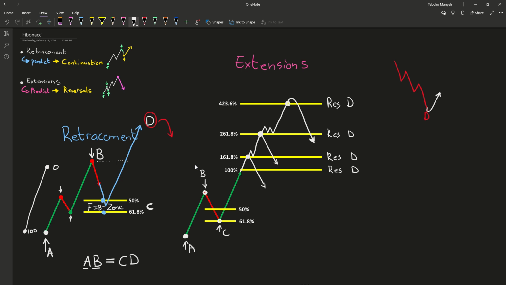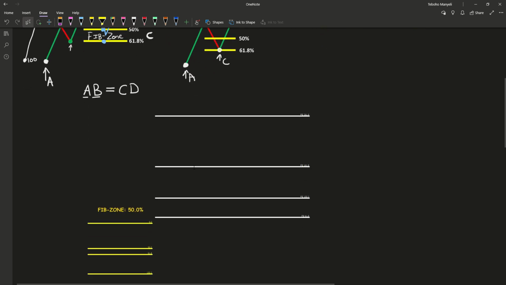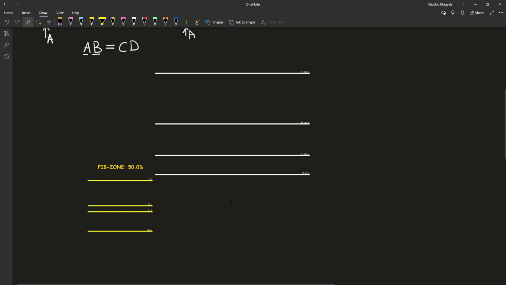Okay, so let me explain it a bit better here. So here we've got a retracement of 50. So basically what happened here is the market started here at point A, and it rapidly just started moving upwards. So you couldn't catch this, and it finally found a resistance here at point B. From this point, then the market started moving back down.